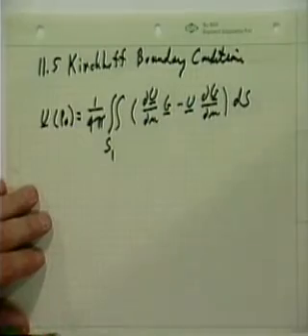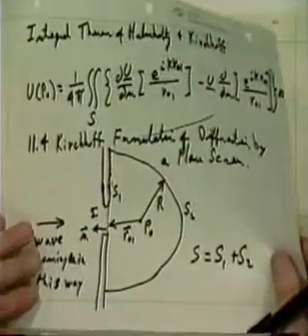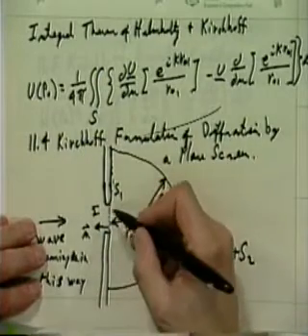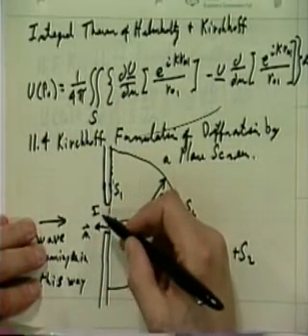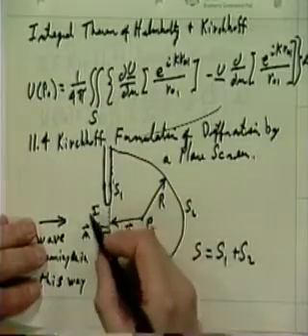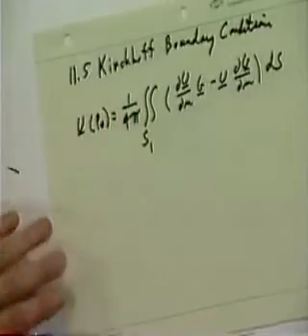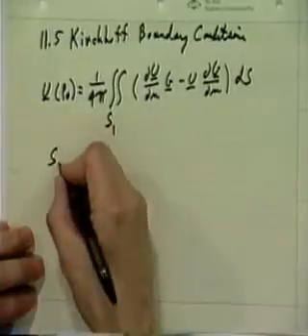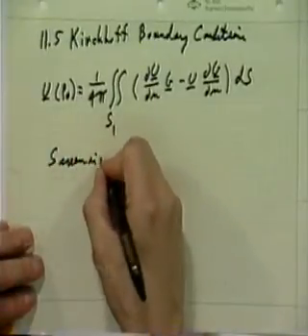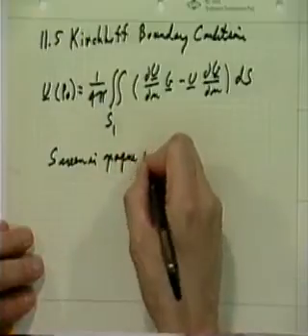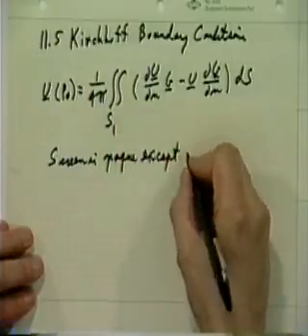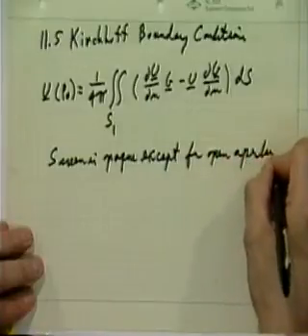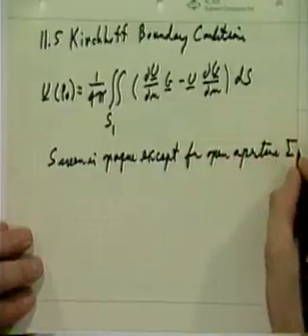And we're going to assume here that this screen is opaque every place except for this area here where it's open, and we're going to call that sigma. Okay, so maybe I should write that down. Screen is opaque except for open aperture, sigma.